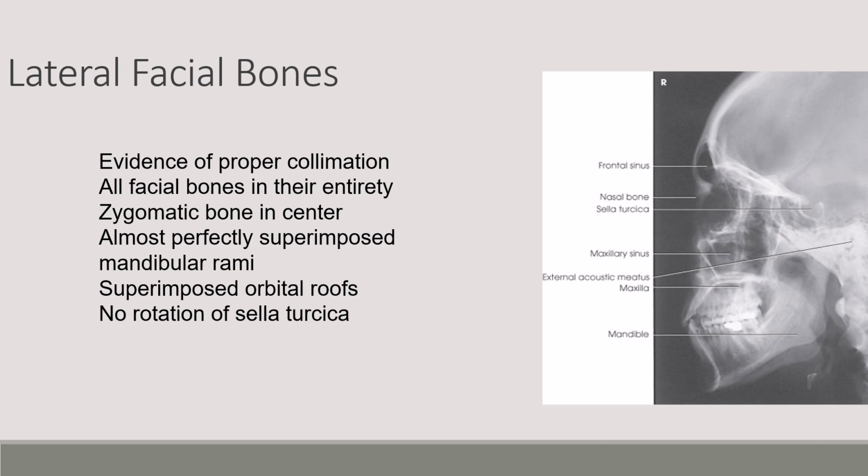Orbits should be superimposed. The sella turcica should be open in profile, because you're opening beyond the EAMs. So you should see the sella turcica in profile, and that gap open between the anterior clinoids and the posterior clinoids of the sella turcica.